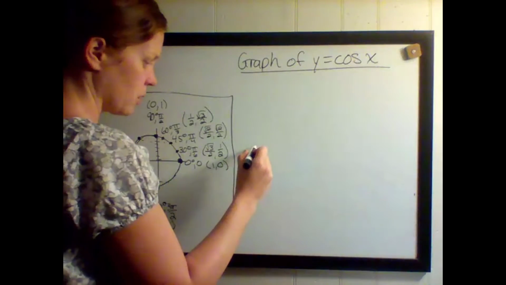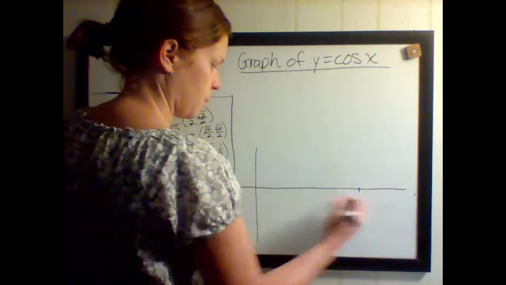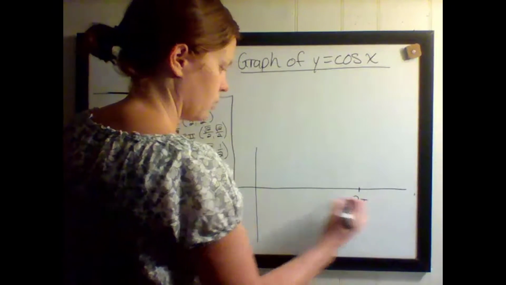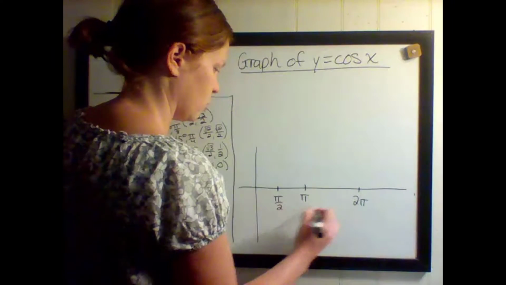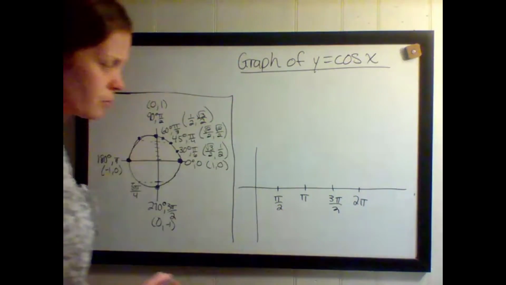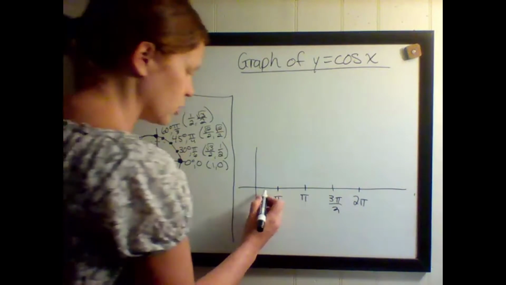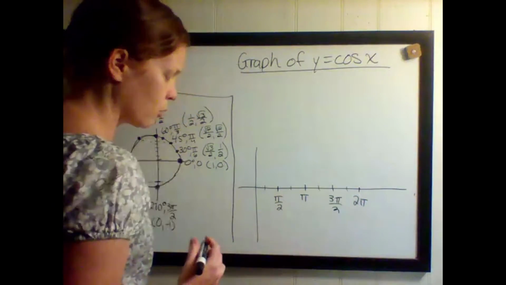I'm going to do the same thing. I'm going to split it up between 0 and 2 pi. Halfway is pi. Pi over 2. 3 pi over 2. And then in between, I'm just going to put my quarters this time. You'll probably see the pattern a little quicker this time.